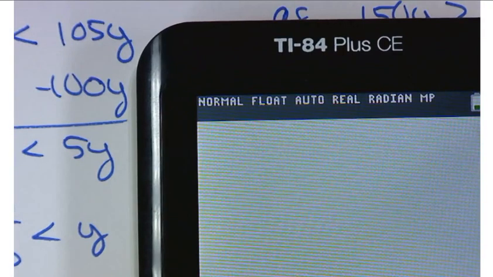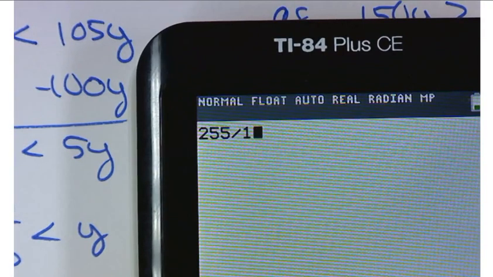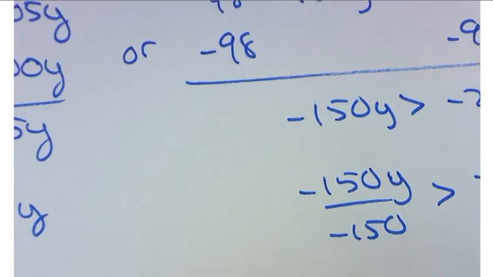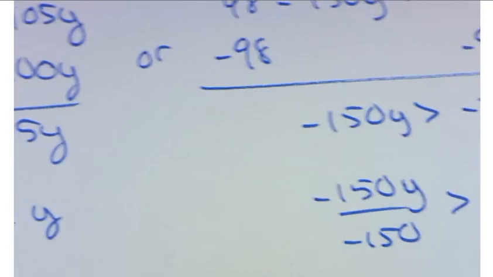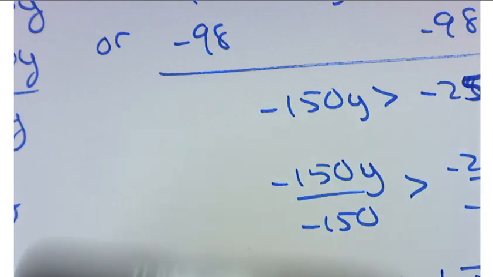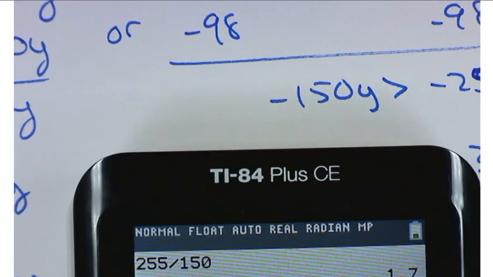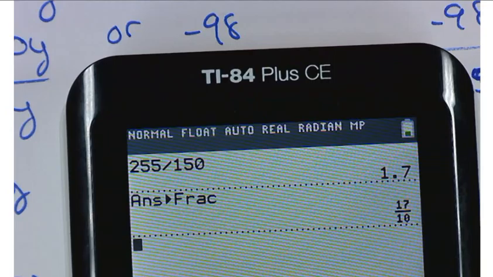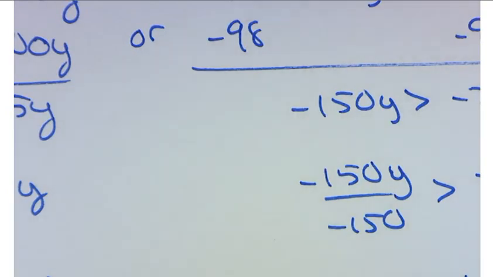If you do 255 divided by 150, oh, even better, 1.7. So 1.7. Let me finish this up though. If you hit the math key, then answer the fraction, it'll put it in lowest terms here for you. So 17 over 10 would be a nice fraction in lowest terms.